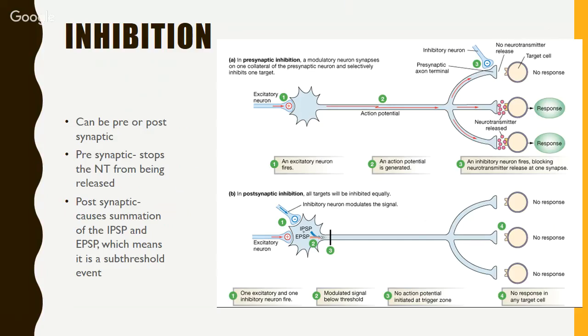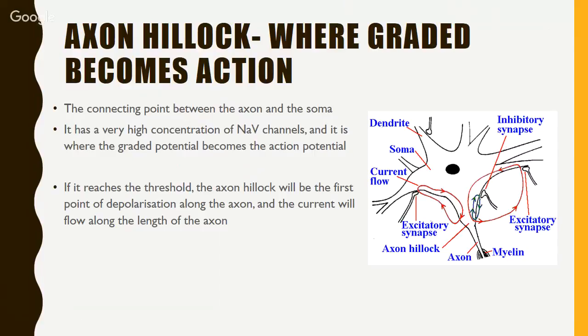Great. Then you can also have inhibition. Once again, that can be pre or post-synaptic. I'm just going to leave this slide here. It's a really nitpicky term, which shouldn't really matter, but it can cause signals to not be sent and another action potential to not occur.